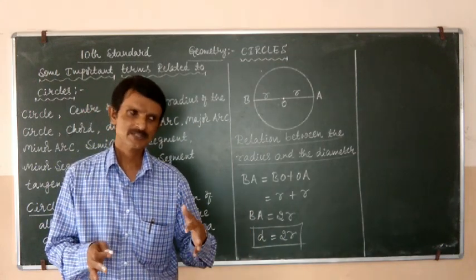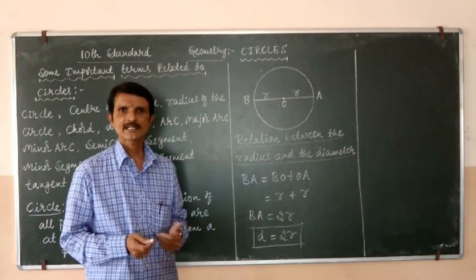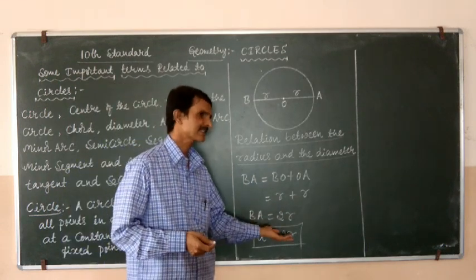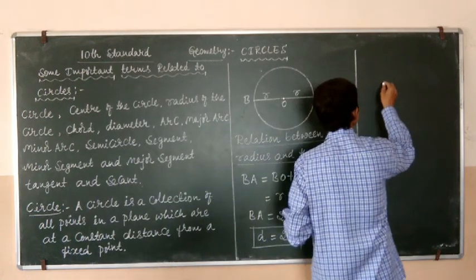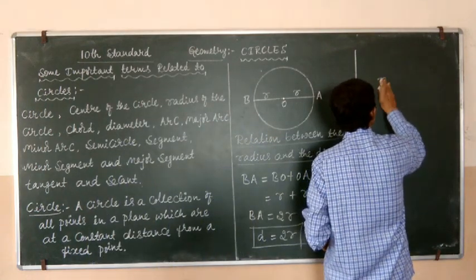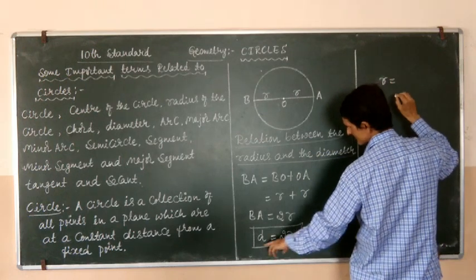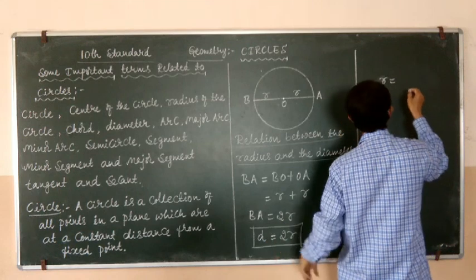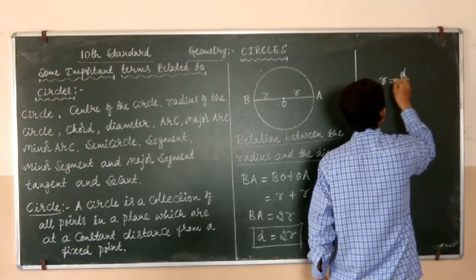Diameter is always twice the radius. Or we can write this in the other form: if we cross multiply this 2 to the left side, it becomes R equals D by 2.